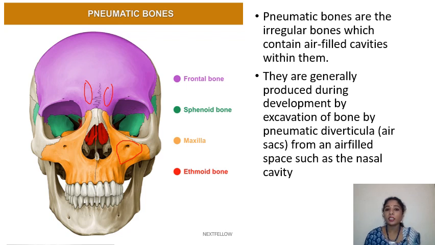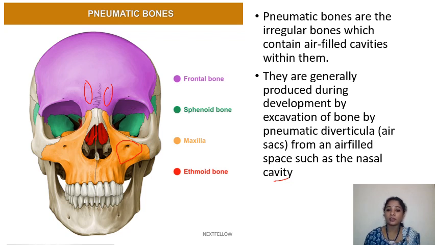They are generally produced during development by excavation of the bone by pneumatic diverticula or air sacs, as projections from the nasal cavity. Whatever air we inhale won't directly enter the trachea.